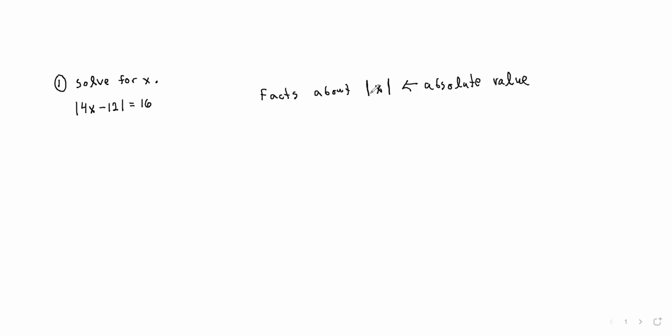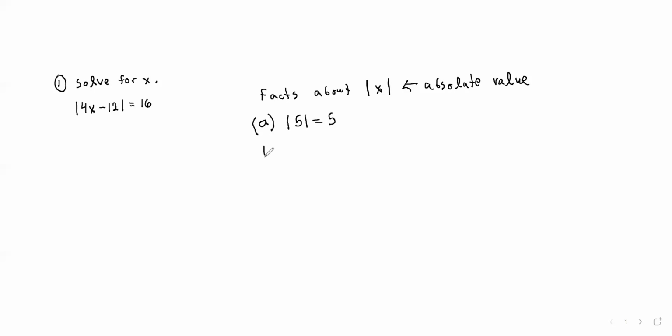So if you take double line x, that means absolute value of x. The first fact, let's call it fact A, is if you just take the absolute value of a positive number, it's the positive number. So for example, absolute value 5 is 5.